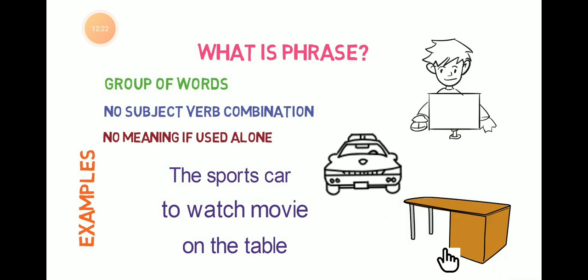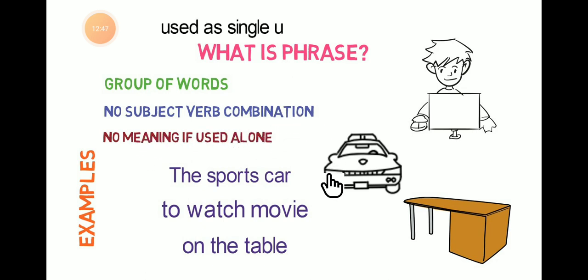So did you get anything? Did you get any meaning from here? No. See, students, if you don't get any meaning from a sentence, then that sentence can be called an incomplete sentence, and it is called a phrase. A phrase is a group of words which don't have a subject and verb combination.